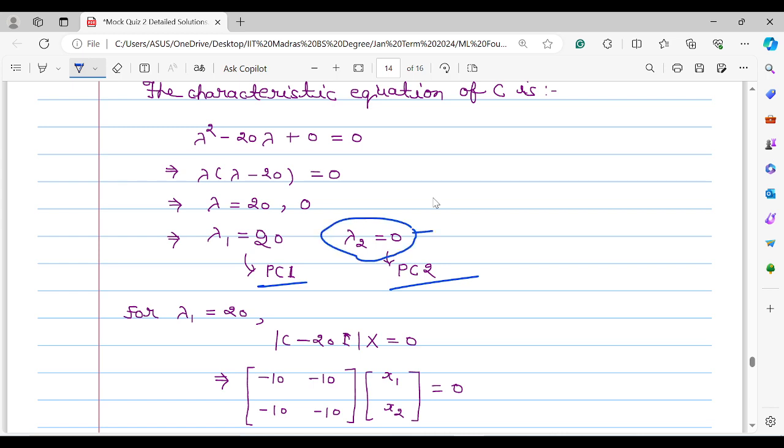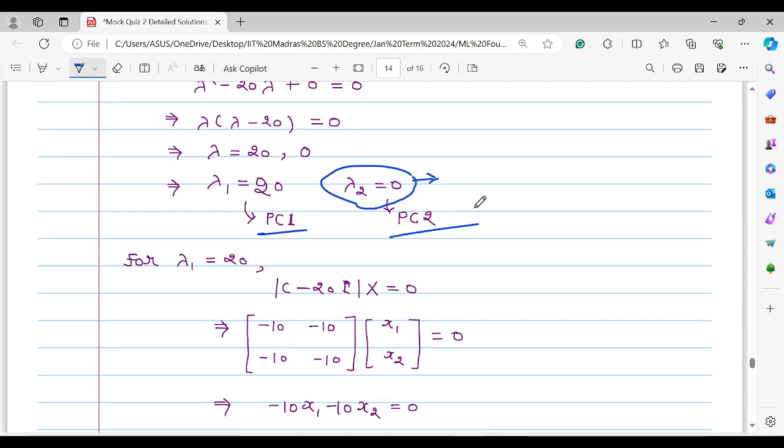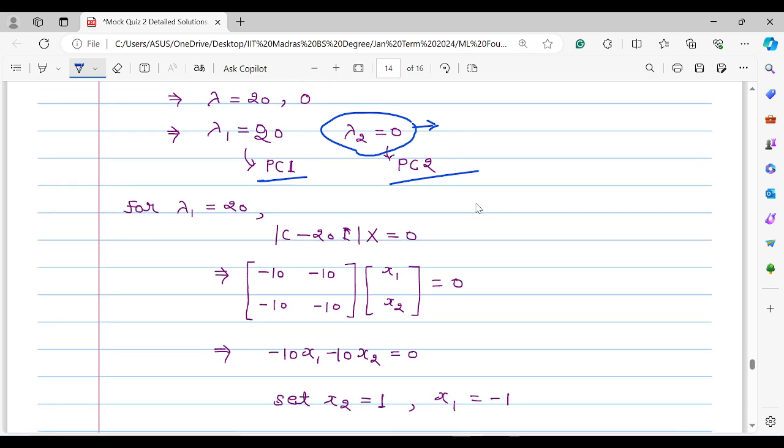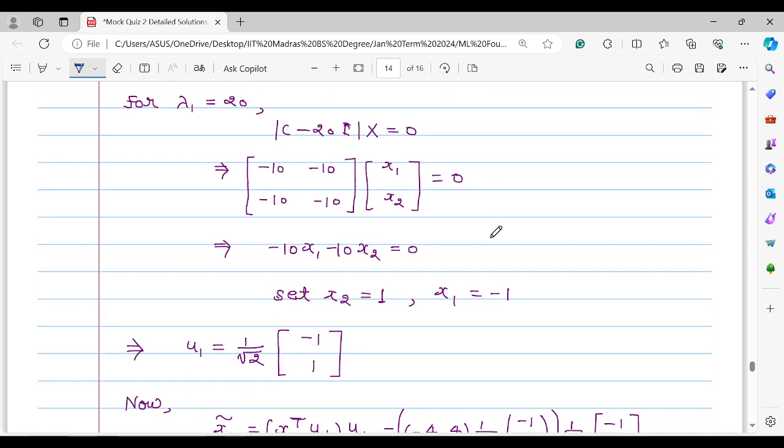So no data points should lie on PC2 because the spread is 0. We don't want to project the data points onto the second principal component. So all data points will lie on PC1. For lambda 1 equal to 20, we have calculated the corresponding eigenvector.